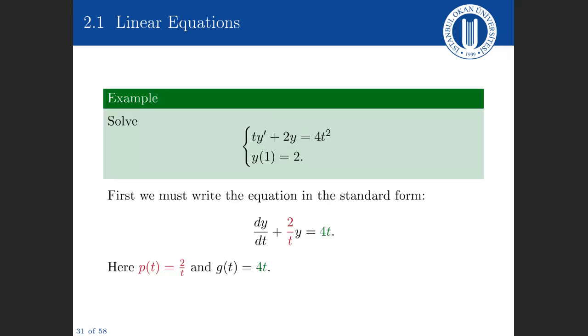And in case there's any confusion, we're not multiplying the equation that we started with by t². We're multiplying the equation which is in the standard form by t². I'm going to take this equation and multiply everything by t², like this. So it's going to be t² dy/dt + 2ty = 4t³.